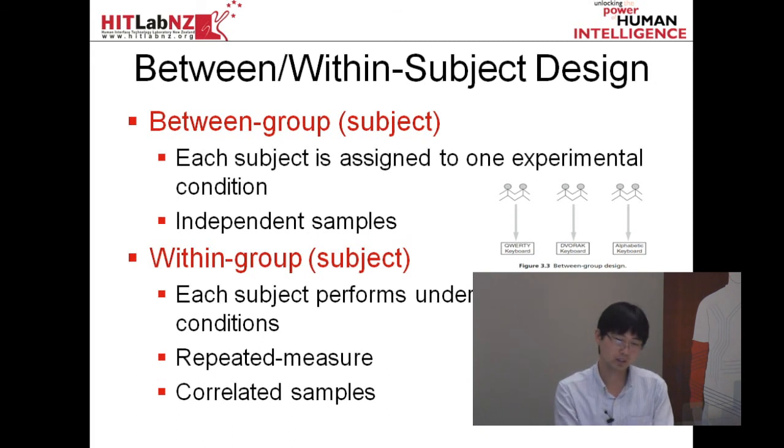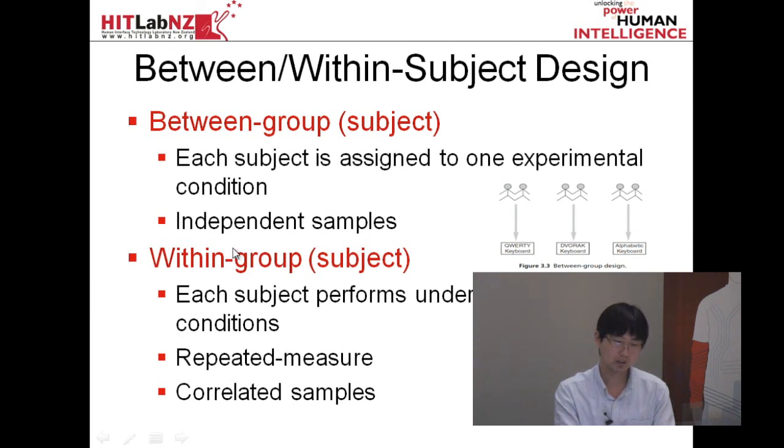In that case, each participant trying different conditions is called between subject or between group design. Sometimes within subject or within group design is also called correlated samples or paired samples, and between group design is called independent samples.